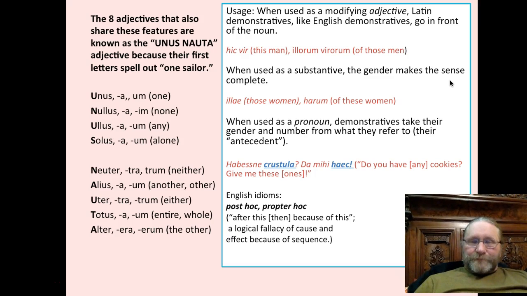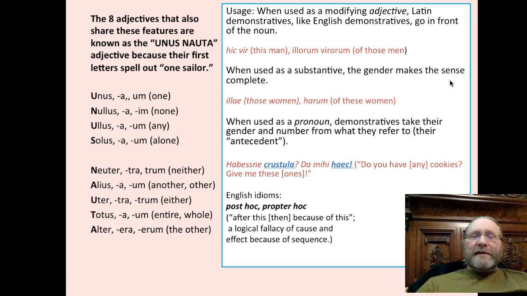Last of all, demonstratives are used as pronouns. And if they're used as a pronoun, they take their gender and their number from their antecedent, the thing that runs before or has occurred before, that the pronoun points back to. So, for example, if I was to ask you in English, which book would you like?